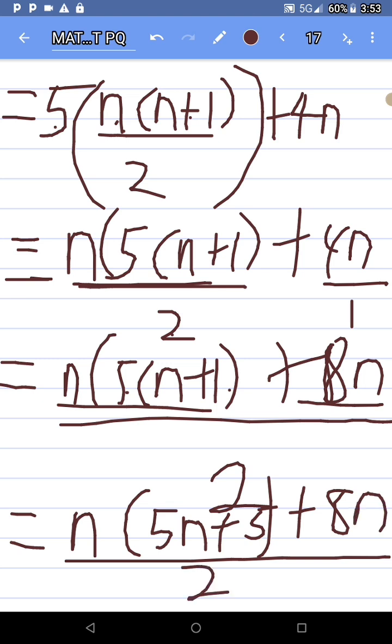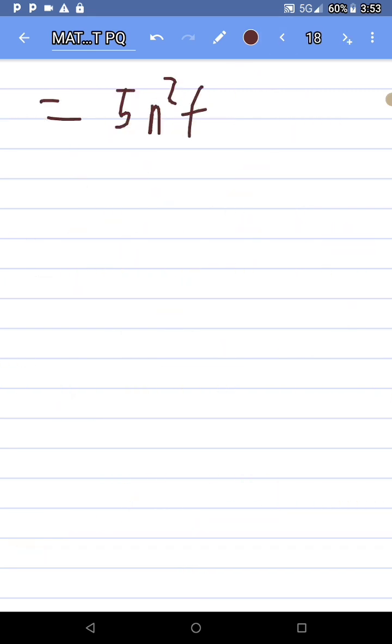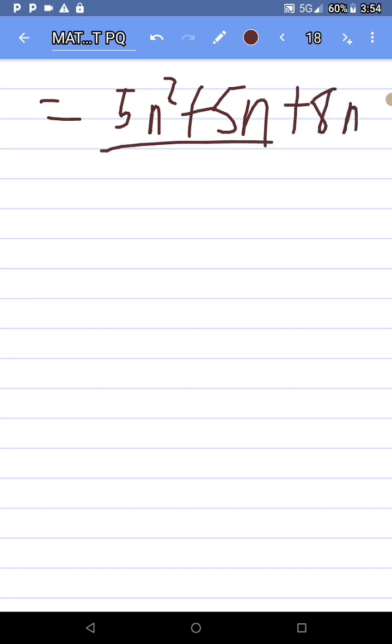So we get what I'm saying? Now we can open the bracket. In fact, it is expedient we open the bracket here. So that will be 5n squared plus 5n plus 8n all over 2.